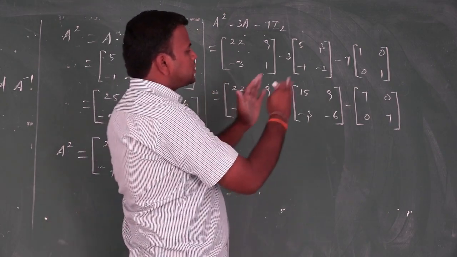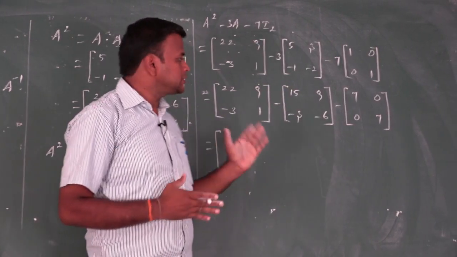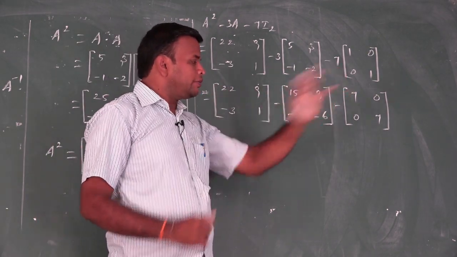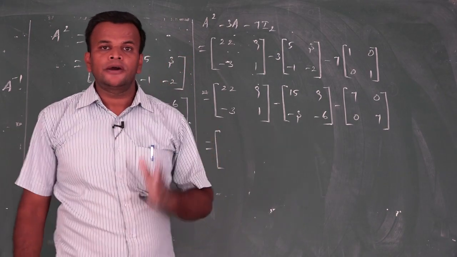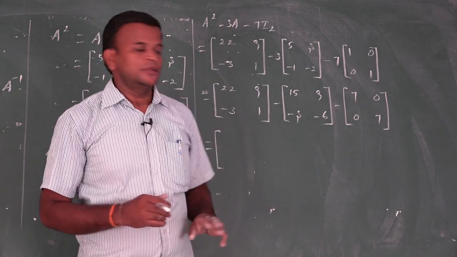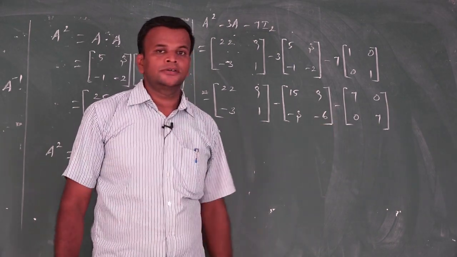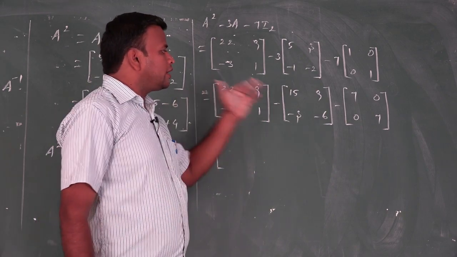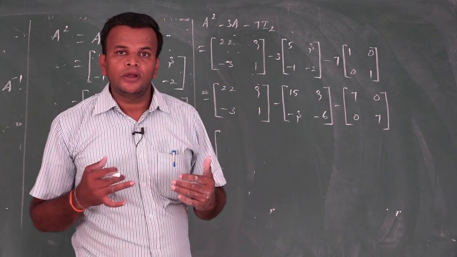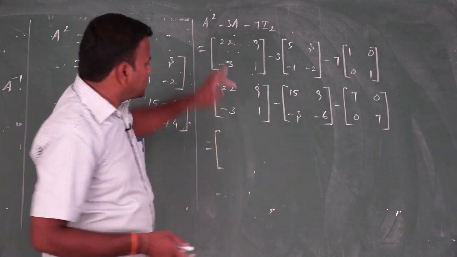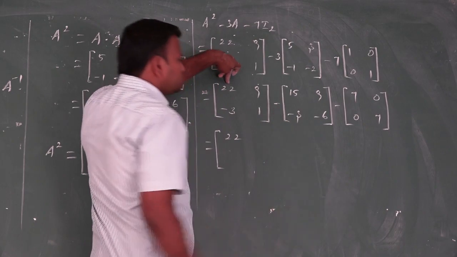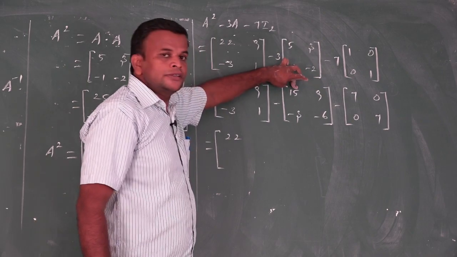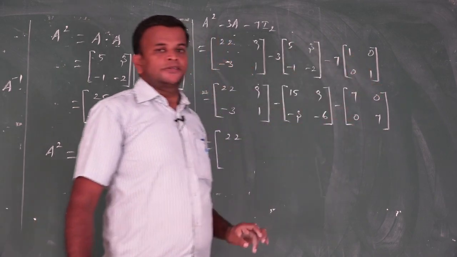Now we simplify these three matrices. You know the matrix addition and subtraction rule: we can add or subtract matrices only when all of them have the same order. You see all three matrices are of the same order, 2 by 2. And you know the working rule: only corresponding elements are added. Corresponding element means the first element in the first matrix, 22, is added only with the corresponding elements of the second and third matrices.